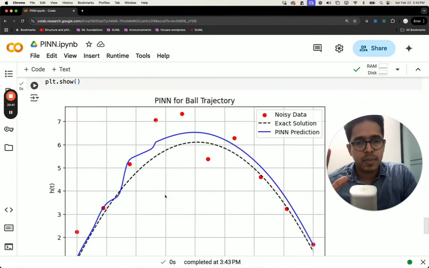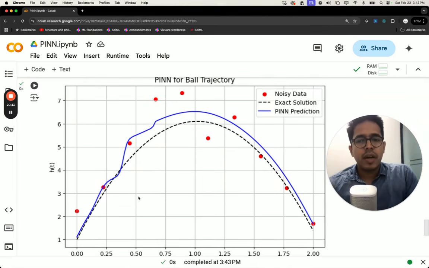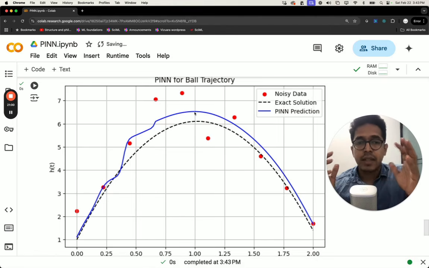Okay, this is much, much better looking. So now you have a prediction in which you can see that the neural network is kind of trying to respect the experimental data because it's not exactly matching the exact solution. The PINN solution is not matching the exact solution, but it's also not matching the noisy data. So it's kind of respecting the physics, but it's also kind of respecting the experimental data.